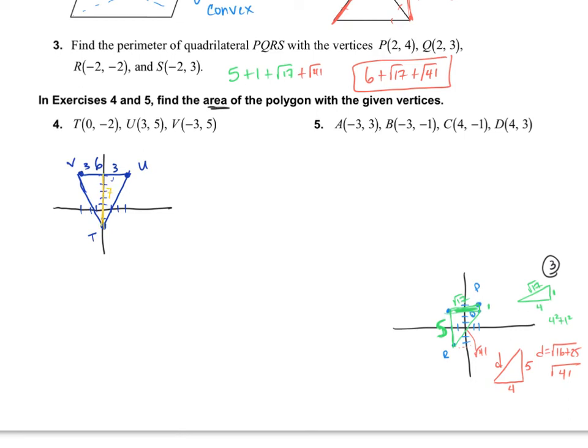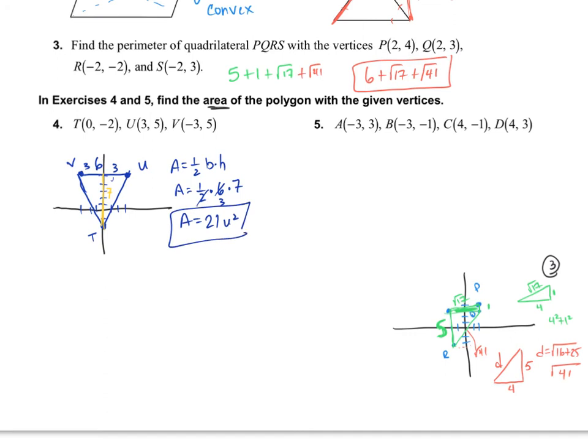The area of a triangle, reviewing from what we know, is 1/2 times the base times the height. So the area will be 1/2 times 6 times 7. So the area will be 3 times 7, which is 21 square units.